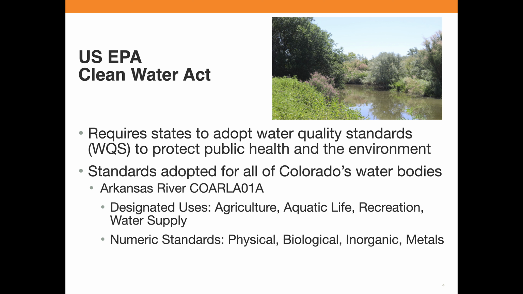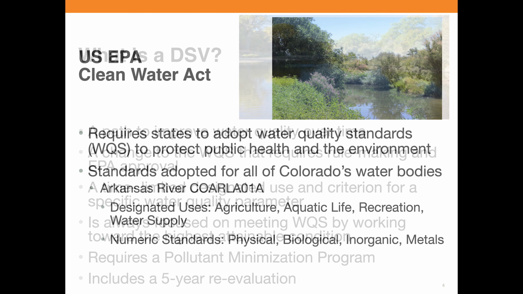For inorganics, there are ammonia, phosphorus, chloride, cyanide, sulfate, sulfide, and then some metals. We make sure that all of these are in balance to maintain the water quality for this segment.